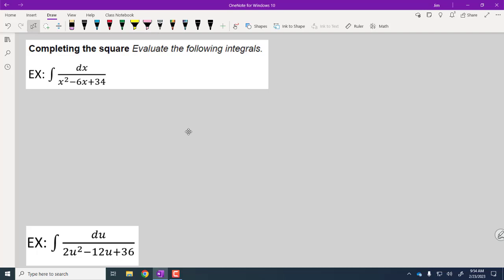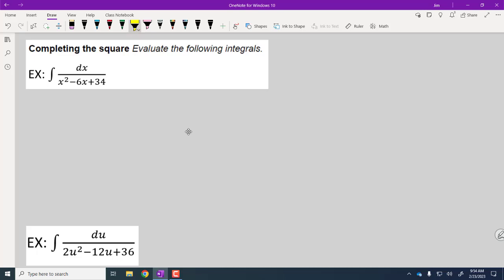But we've done some completing the square in the past. The completing the square that we're going to see here is going to lend itself to trig sub instead of just regular u sub. So let's take a look at what happens here. We have this quadratic in the denominator. U sub is not going to work because the derivative of the denominator is 2x minus 6, which is nowhere to be found. So u sub's not going to work.